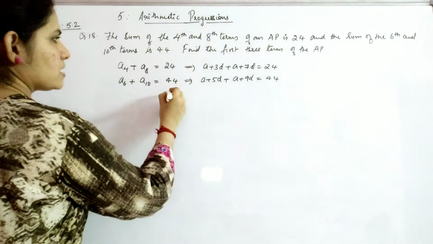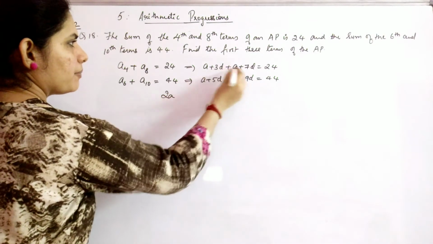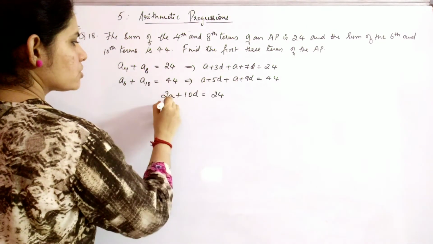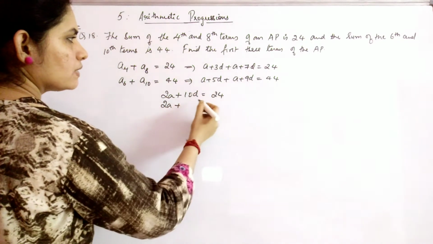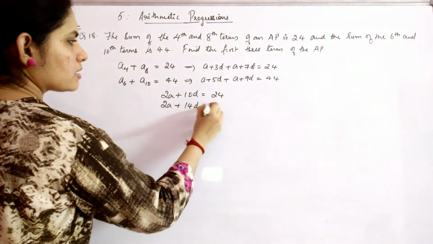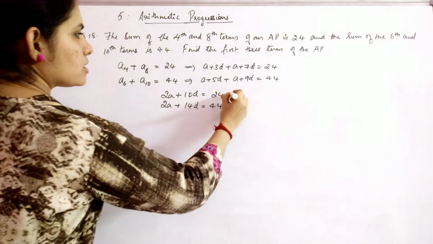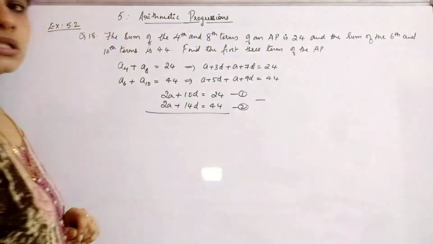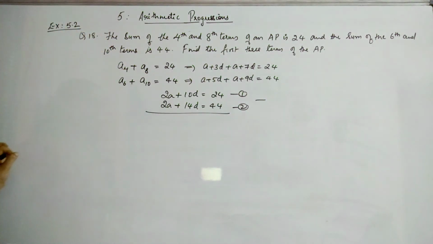Simplifying, we will get 2A plus 10D equal to 24, and here again 2A plus 14D is equal to 44. Now let these be equations number 1 and 2, and you will subtract to eliminate one of the variables. So what you will get?